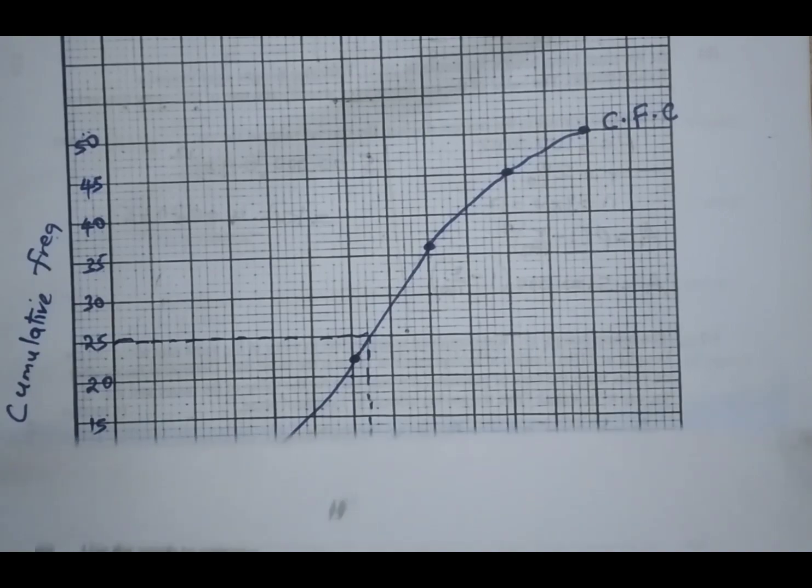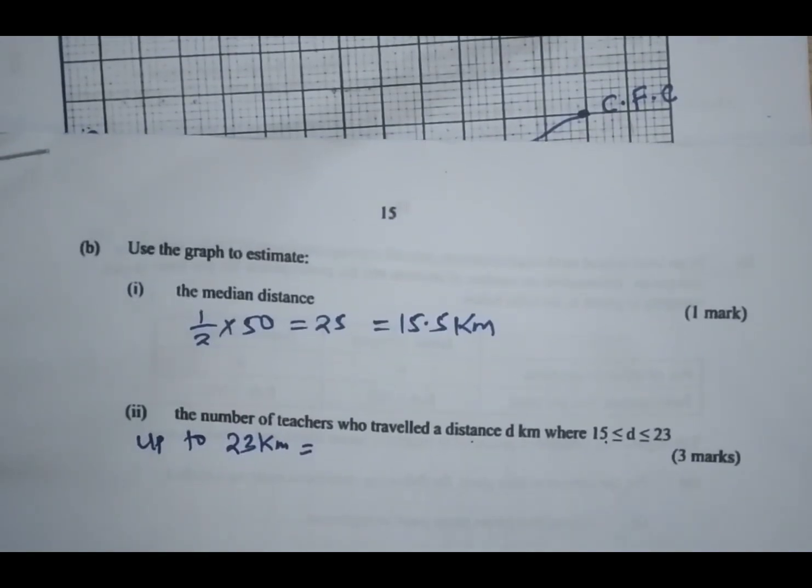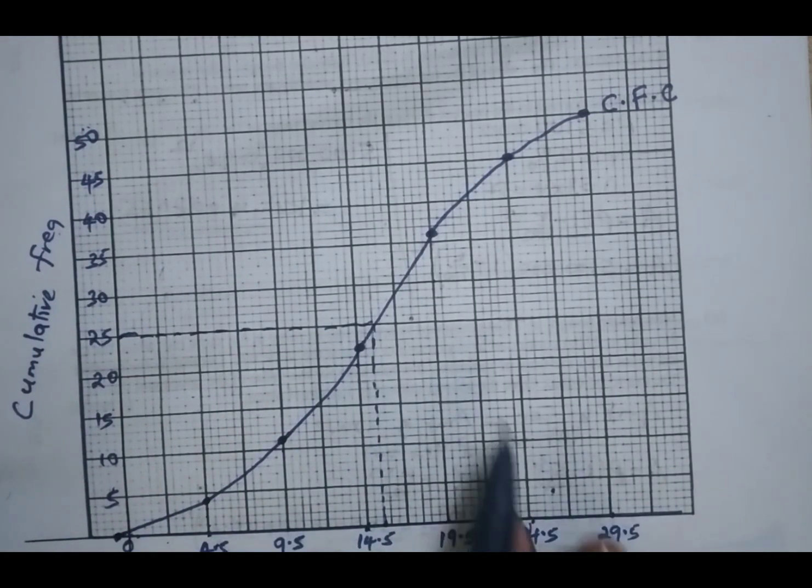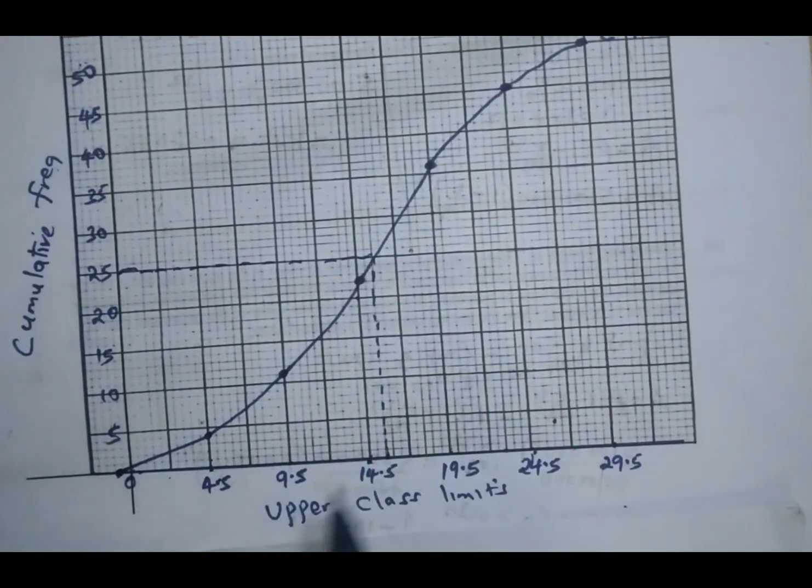Since we are looking for the number of teachers, we are going to locate 23 along our x-axis. If this is 19.5, between 19.5 and 24.5 we have 5 units, and therefore 2 smaller units will represent 1. This is 19, 20, 21, 22, 23.